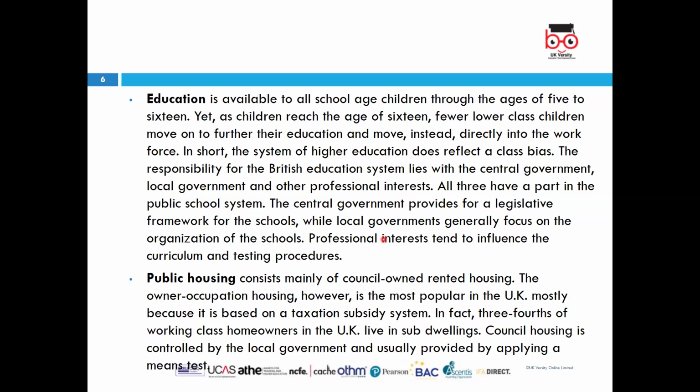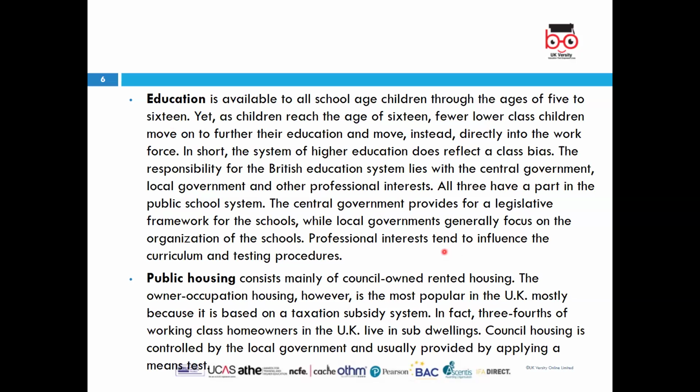The responsibility of the British education system lies within the central government, the local government, and other professional interests. So all these three, the central government, the local government, and the professional interests, they have a part in the public school system.